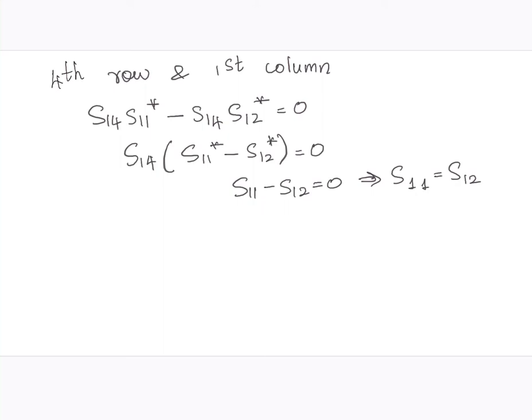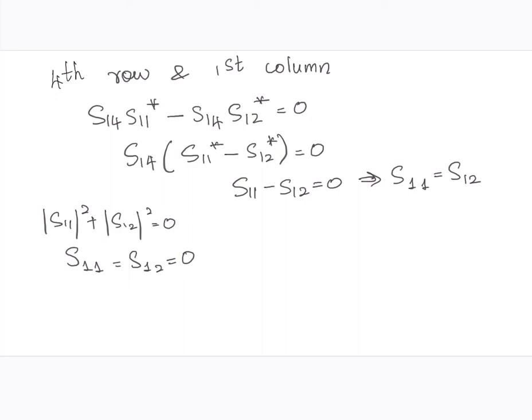So already we have the equation S11 square plus S12 square is equal to 0. So if this is 0 and as both the terms are positive, that means that S11 and S12 will be equal to 0.